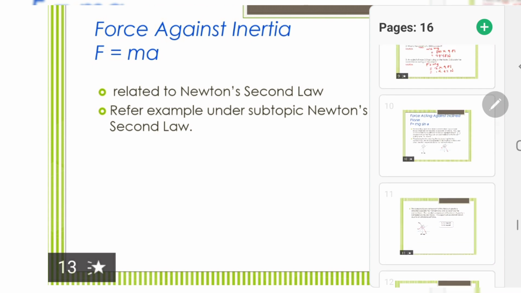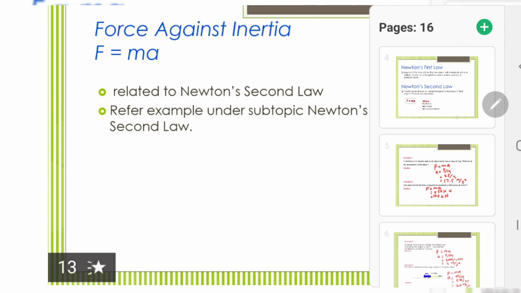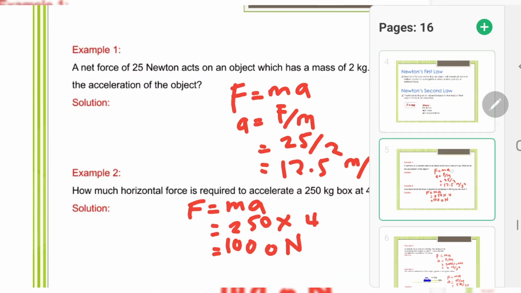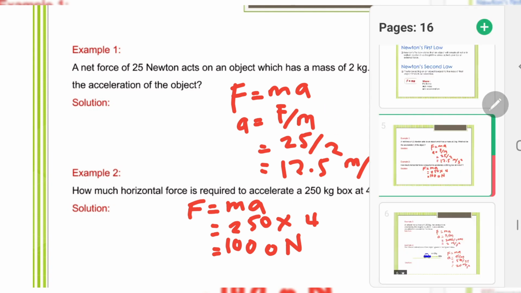So I will show you once again the force that related to the inertia, which is the Newton's second law. So this is the example for that situation. F equal to ma.